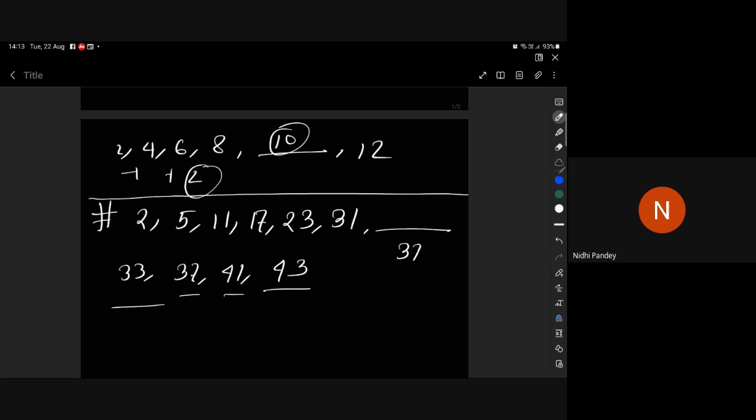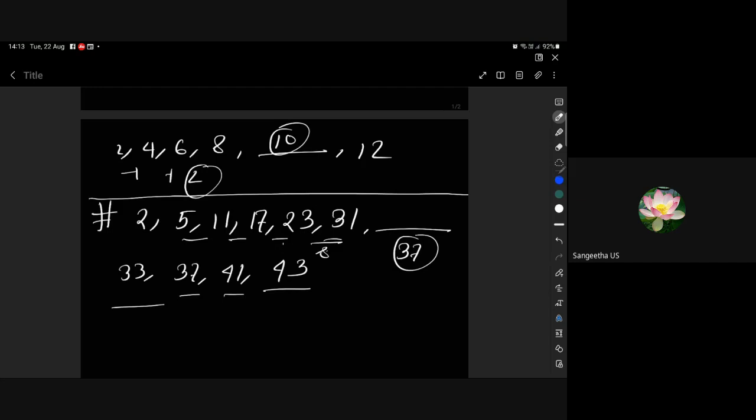Why? What is the reason? Addition of 6. All the numbers, the difference from 5 to 11 is 6, 17 to 23 is 6, and 23 to 31 is 8.